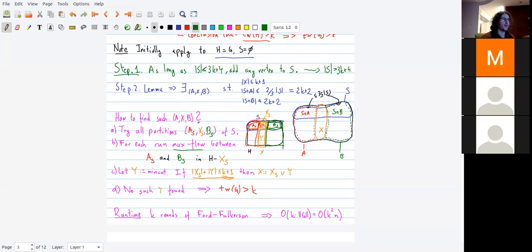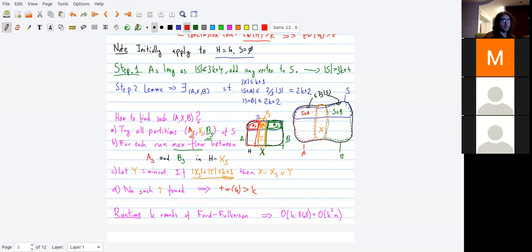I have just found my separation A, B, and X, with exactly the properties I want: at most 2/3 of the vertices of S on each side, and at most k plus 1 vertices in the middle. Of course, I do it only for partitions with A_S and B_S of size at most 2/3 of all the vertices of S. Otherwise, it doesn't make sense.